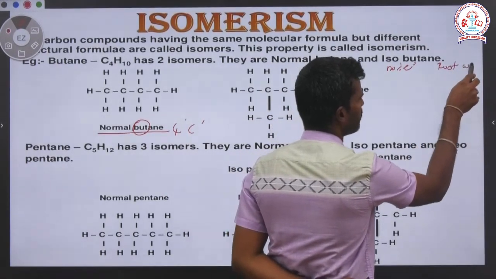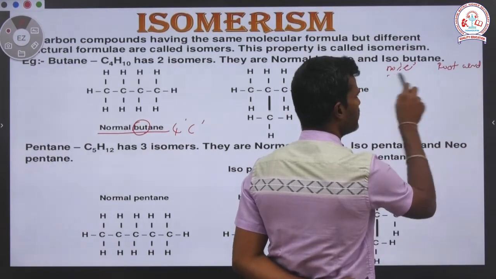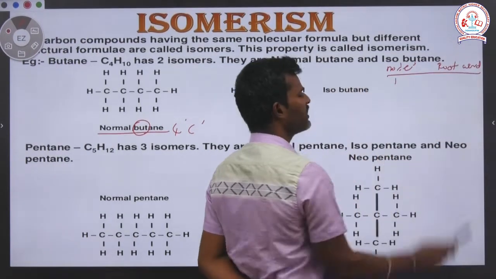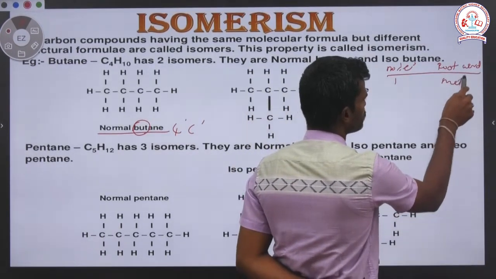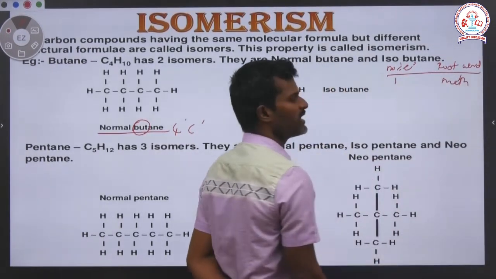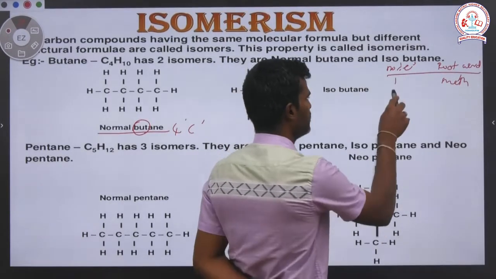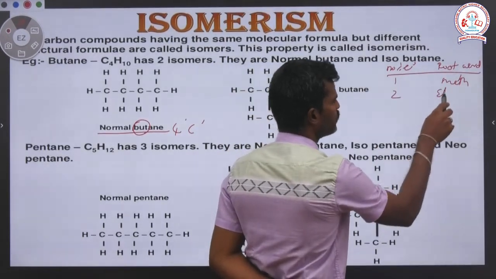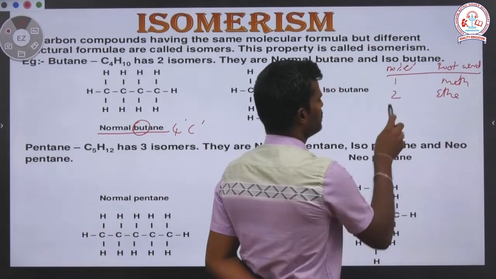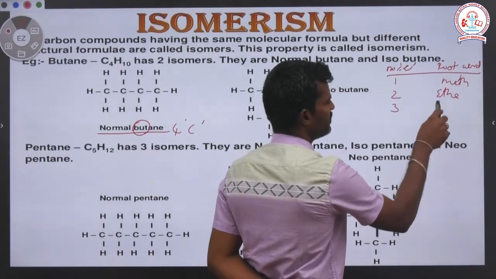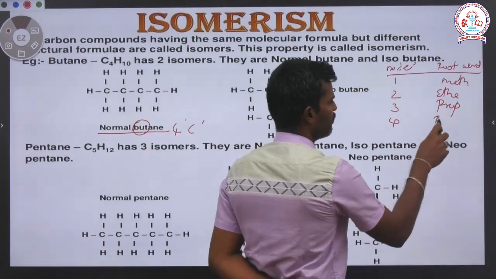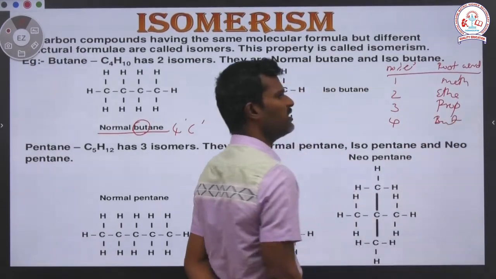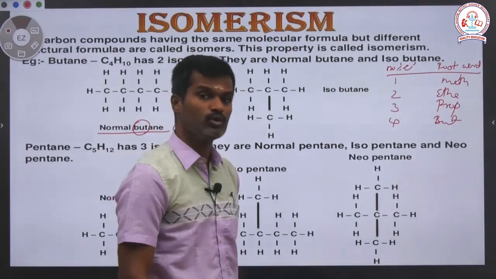What the root word is, I will explain in the next class. For now, one carbon means the root word is meth, 2 carbons means the root word is eth, 3 carbon atoms means the root word is prop, and then 4 means but. Again, do not read it as button, say "but".